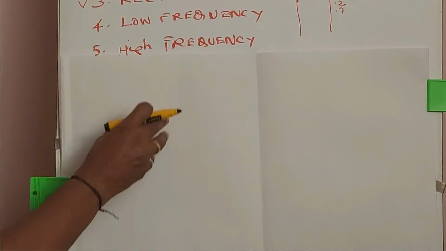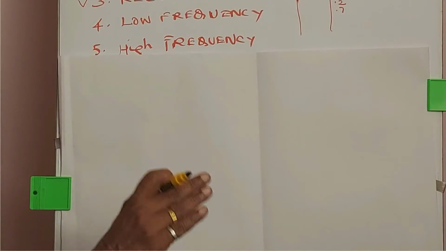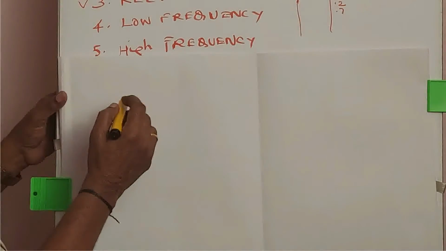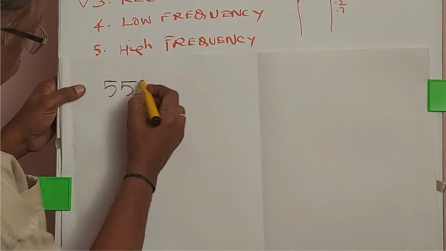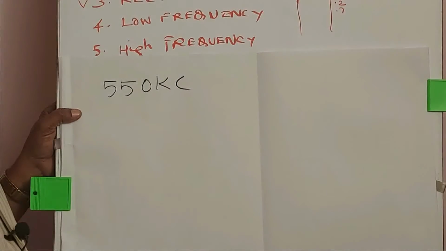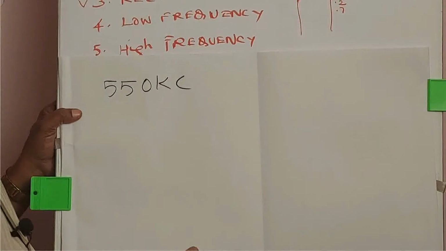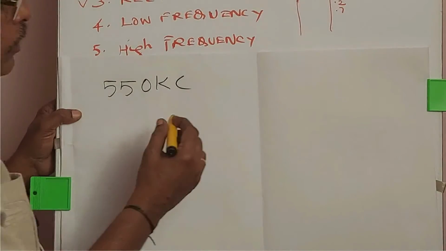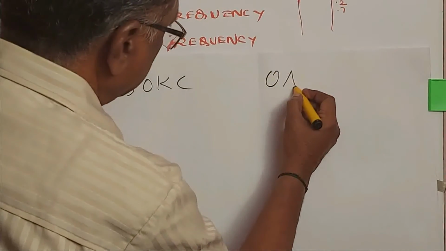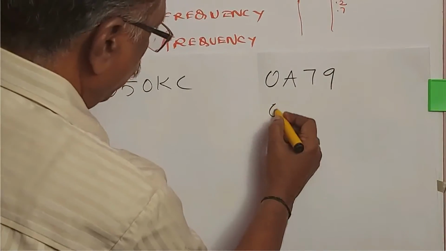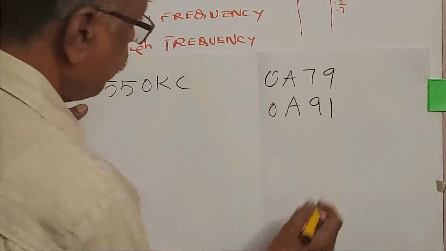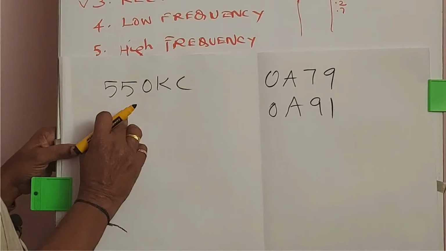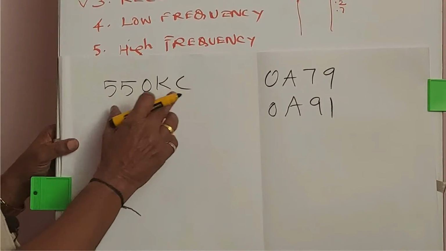There are certain diodes which will be useful for high frequency rectification in communication equipment. Therefore, when the frequencies are above 550 kilohertz, the diodes are supposed to have different characteristics to rectify those high frequency components, and practically they are available as OA79, OA91. These are germanium diodes, which are used for rectifying high frequency above 550 kilohertz.